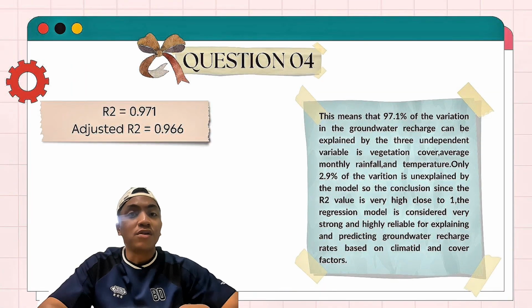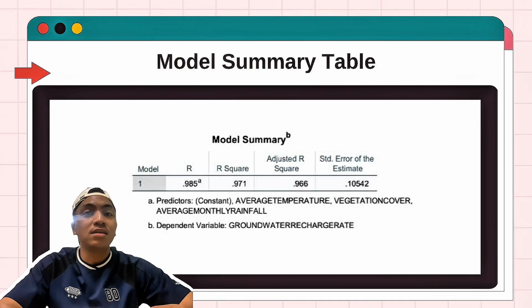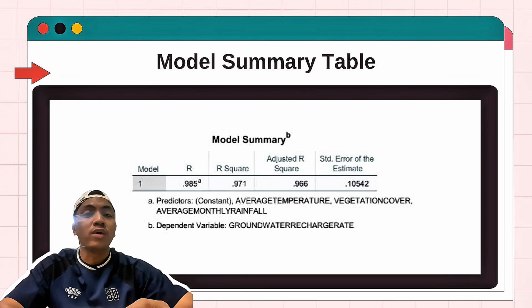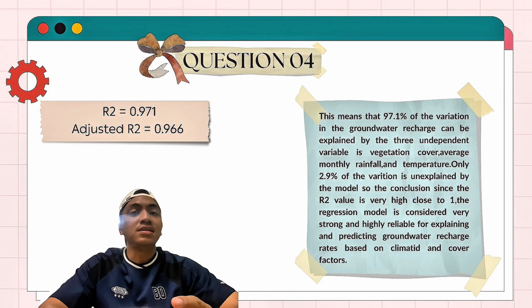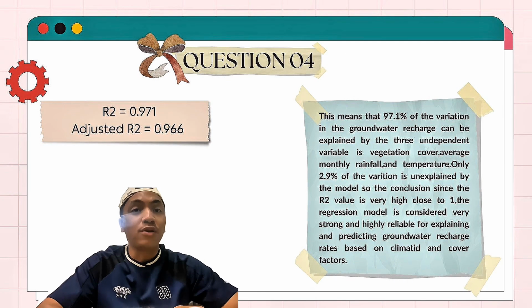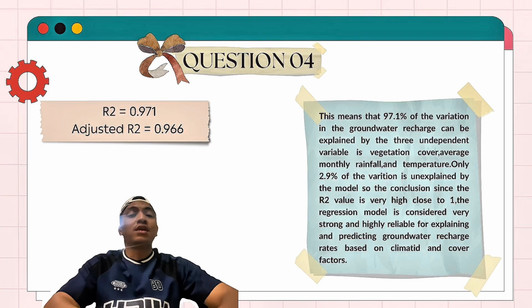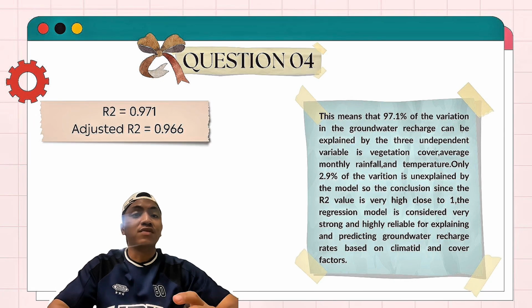So for question 4, here we can see that the R square value is 0.971 and the adjusted R square is 0.966. This means that 97.1% of the variation in groundwater recharge can be explained by the three independent variables, which are vegetation cover, average monthly rainfall, and temperature.